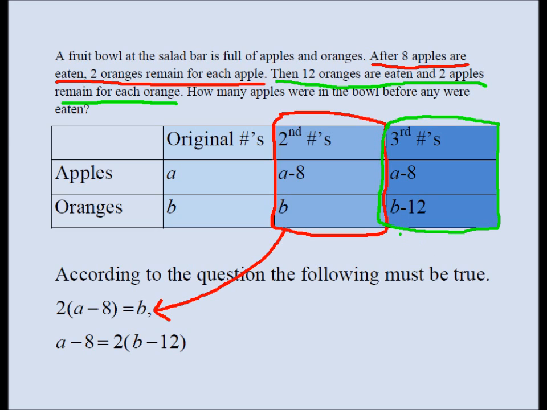And since at this point in time there were 2 apples for every 1 orange, I'm going to write the number of apples is equal to 2 times the number of oranges. These two are very important steps. You want to make sure how the question and the table give us these 2 equations.